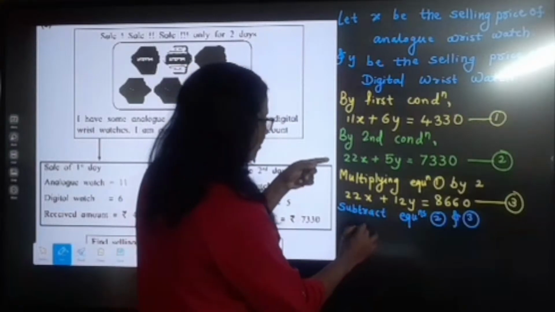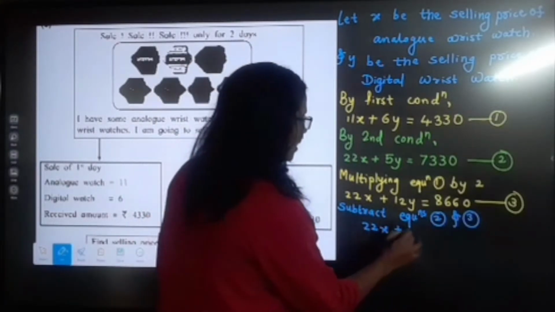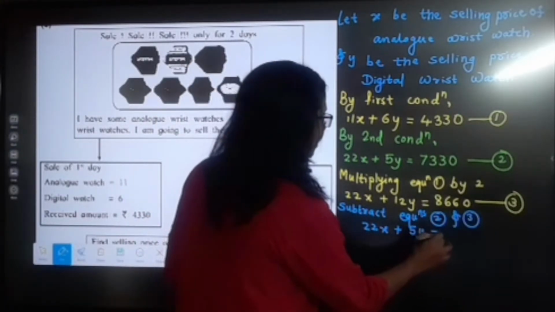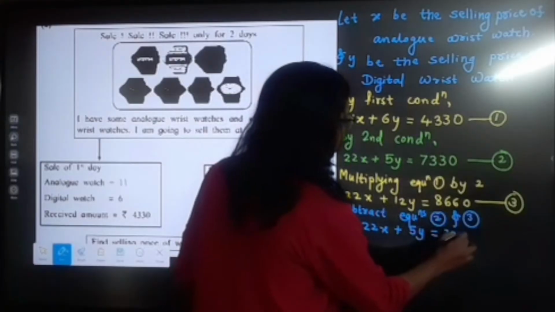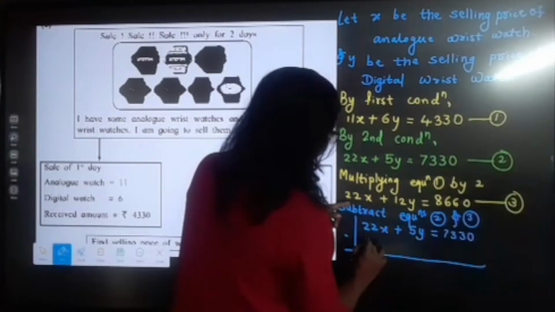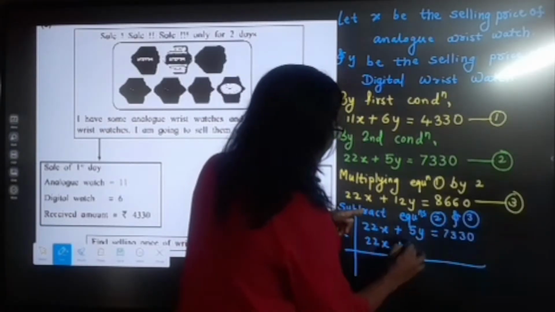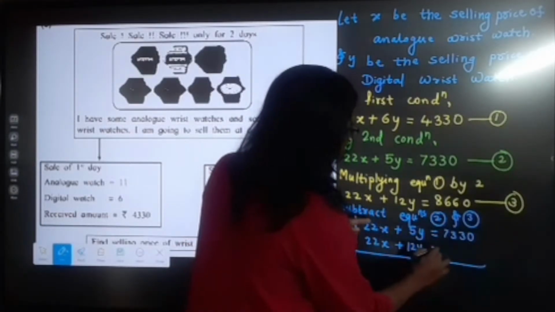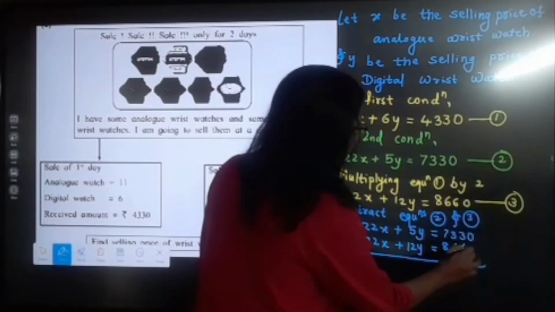The second equation is 22x plus 5y is equal to 7,330, minus 22x plus 12y is equal to 8,660.